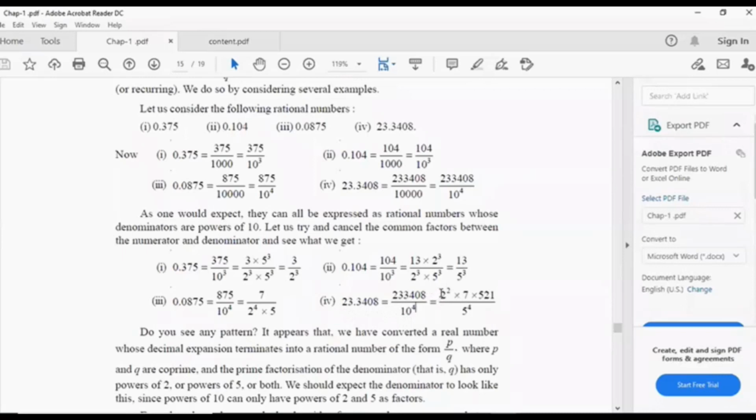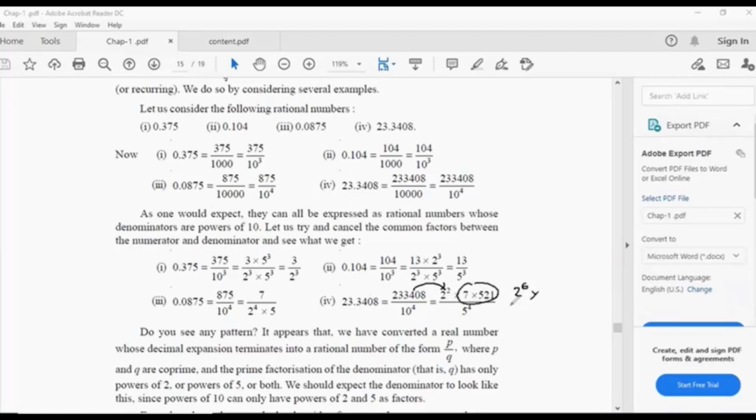So look here, the prime factorization of the numerator is like this. And here you have 5 raised to 4. This is after cancelling the common factor. If you write the prime factorization of this numerator, it will be 2 raised to 6 into this.